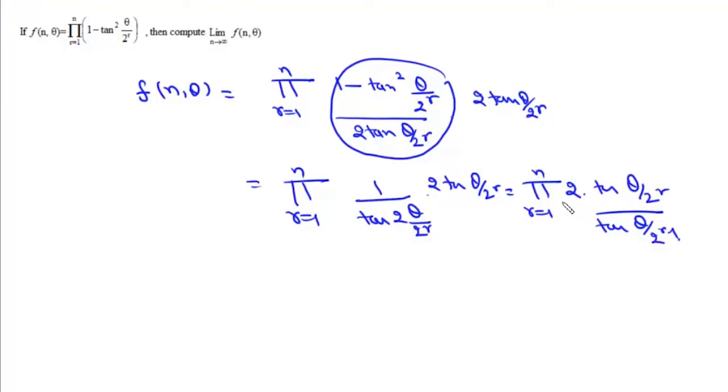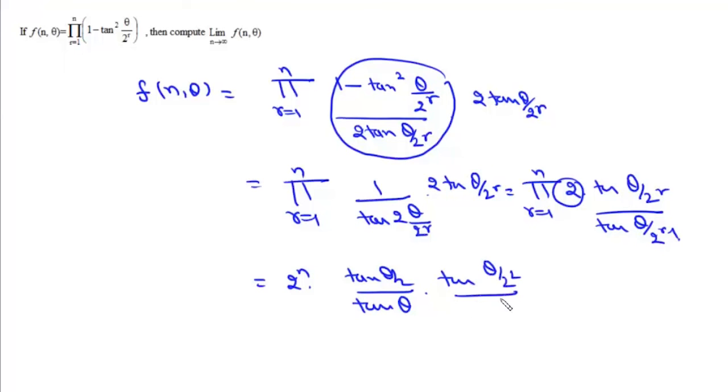Now we'll expand this product. If we put r from 1 to n, it will be 2 into 2 into 2, n times. So that will be simply 2 to the power n. Now here if we put r as 1, it will be tan theta by 2 upon tan theta. Now for r equals 2, it will be tan theta upon 2 square upon tan theta upon 2, and we will continue up to tan theta upon 2 to the power n upon tan theta upon 2 to the power of n minus 1.